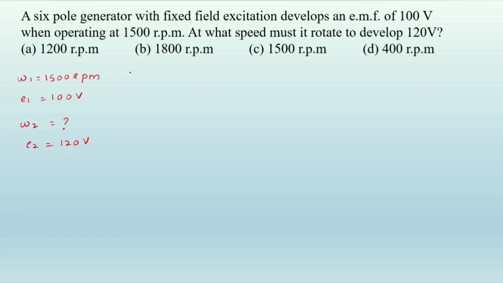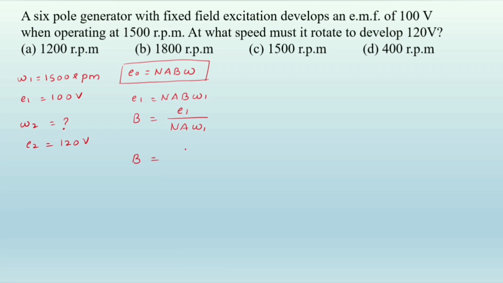See here, we have the equation E naught equal to NAB omega. We can use this equation to calculate angular velocity in the second case. So instead of E naught, I can write it as E1 for the first case, that is NAB omega 1, or B equal to E1 divided by NA omega 1.